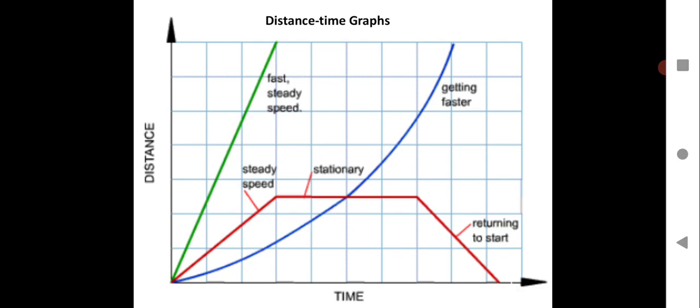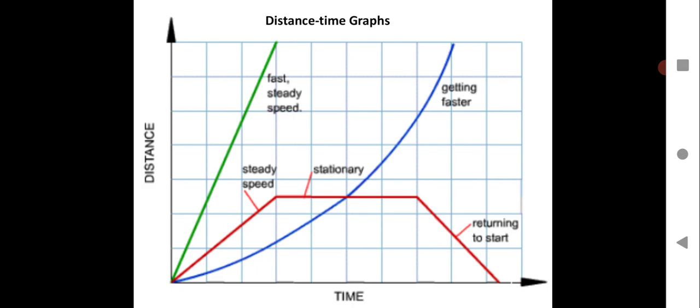You have different kinds of ways of drawing lines. So here in the distance time graph, you see different types of lines. What do they show? How do you interpret this? So a straight line, here you can see the green line, it shows fast steady speed, whereas the red line shows steady speed at first.